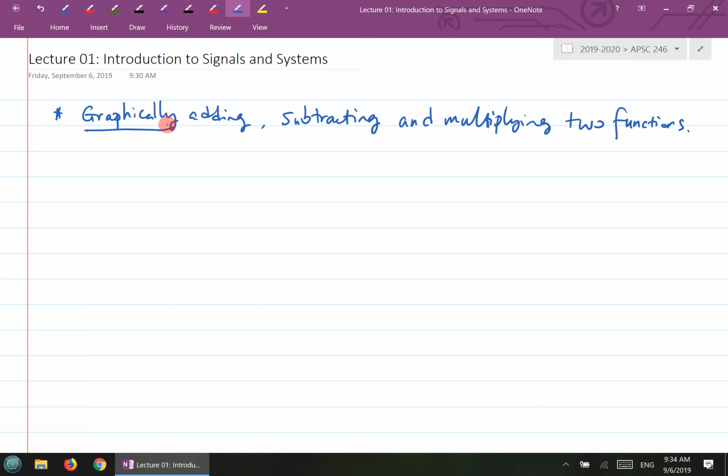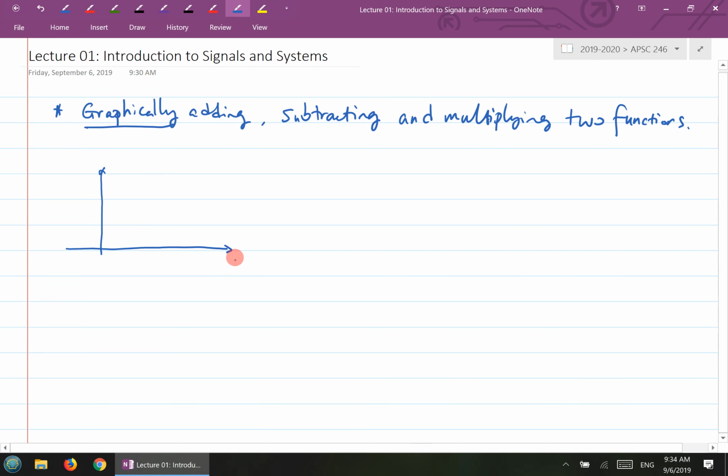So let's say I have a function f1 of t. I'll call this the first function, f1 of t. Graphically, it can be represented like this, for example.